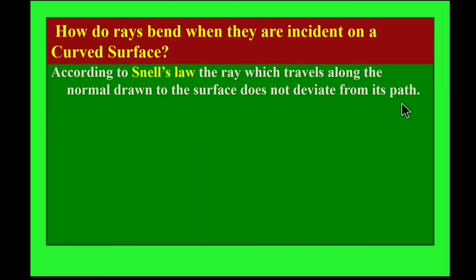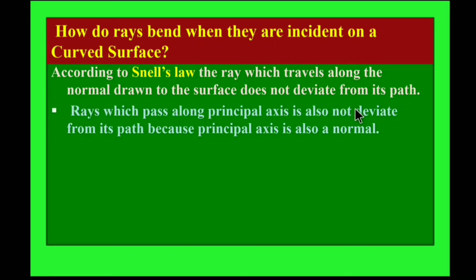If a light ray is passing through the normal, then there is no deviation, no bending. Rays which pass along the principal axis also do not deviate from their path.